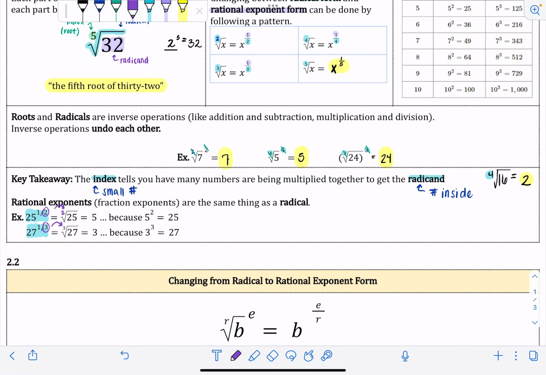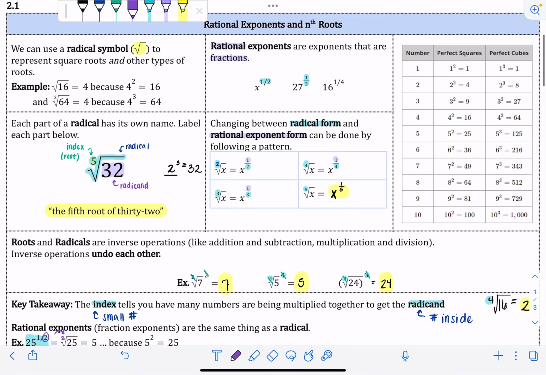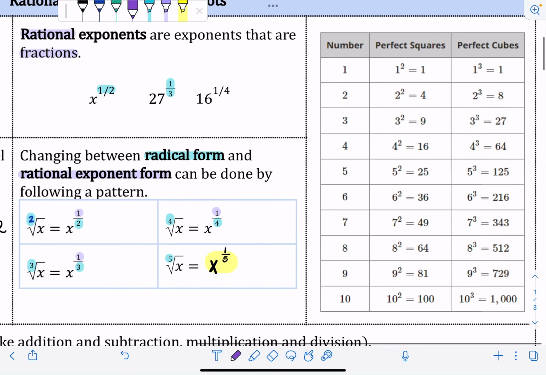Okay, the next thing I just want to touch on is this table up here with perfect squares and perfect cubes. It's really helpful if we can get the first set of them memorized. By first set, I mean this is from 1 through 10, the perfect squares and perfect cubes, because it's really helpful to be able to identify what you can take the square root of or the cube root of without a calculator.